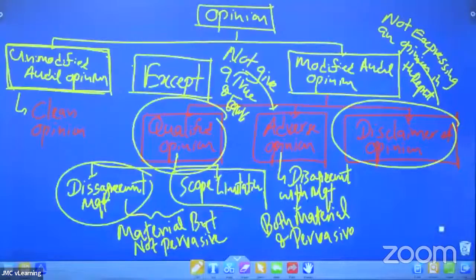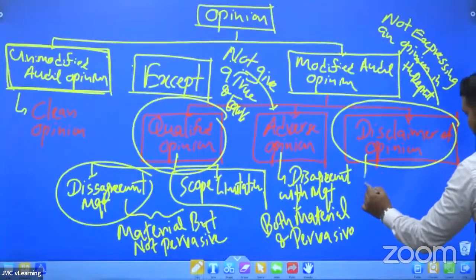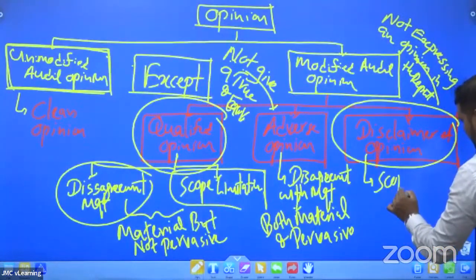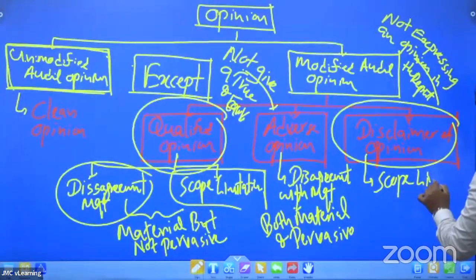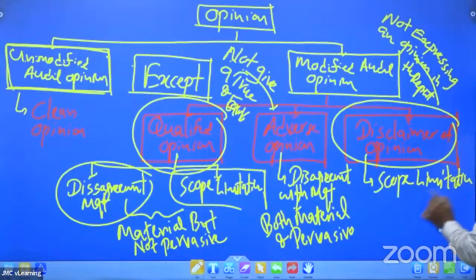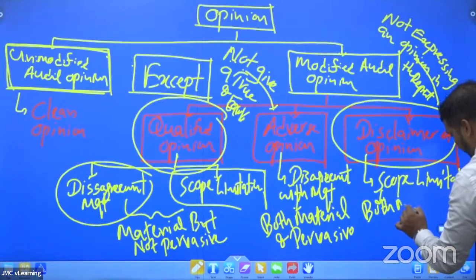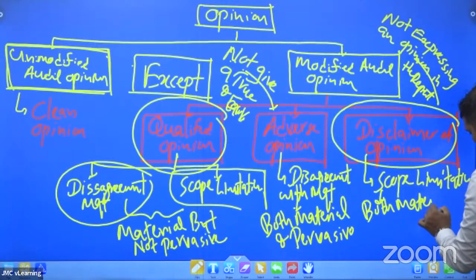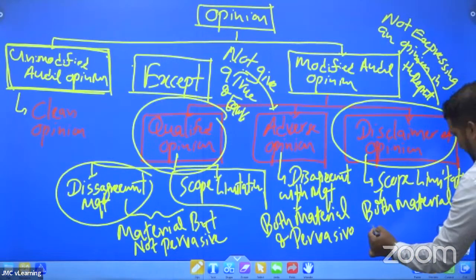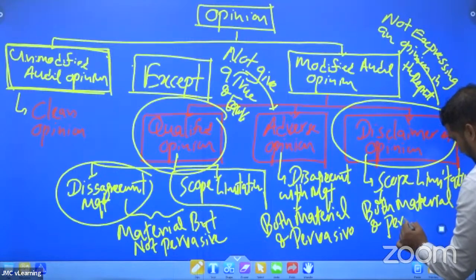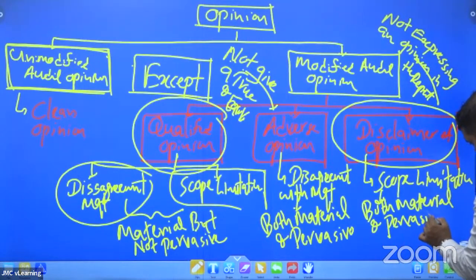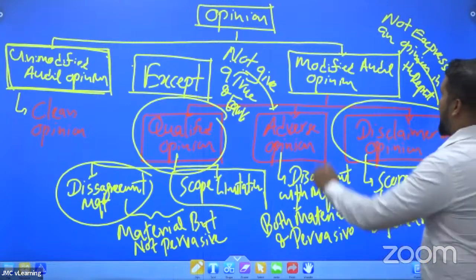Then you go for a disclaimer of opinion when there is a scope limitation, again which is both material and pervasive. So this is basically the summary.